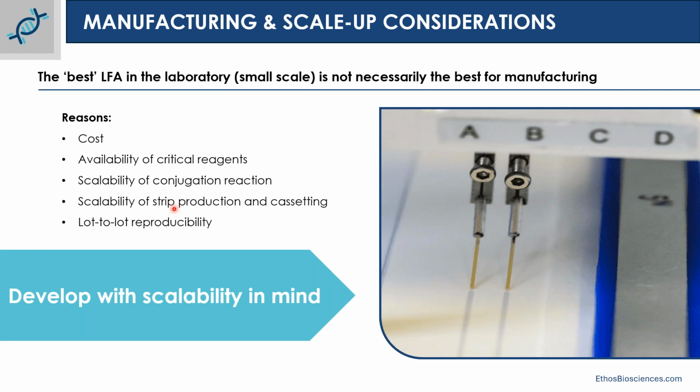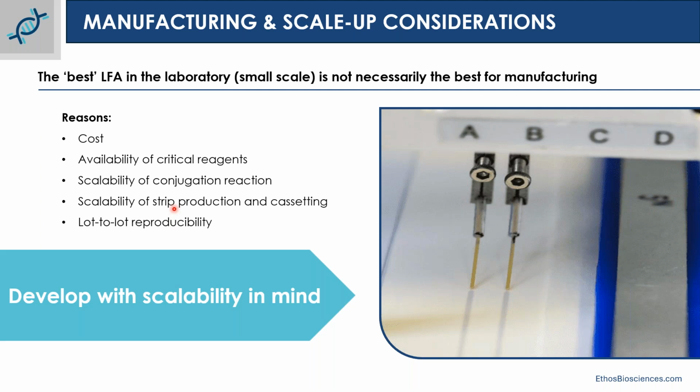Other reasons include availability or lack of availability of your critical reagents, scalability of your conjugation reaction, scalability of strip production and cassetting, and other kitting processes. And also, thinking about lot-to-lot reproducibility and even within lot uniformity, things that may not come up much during small batch development, but will become a very big issue during manufacturing.